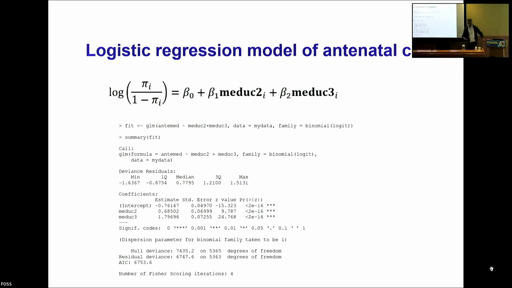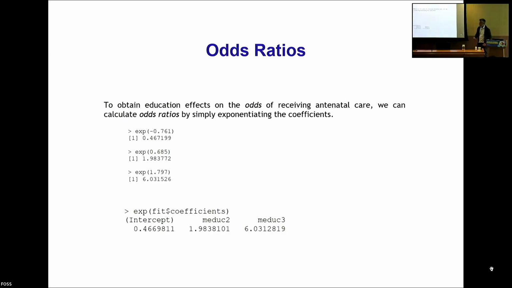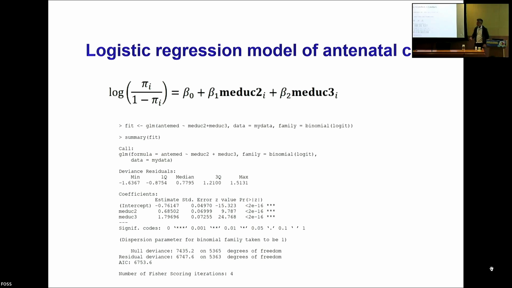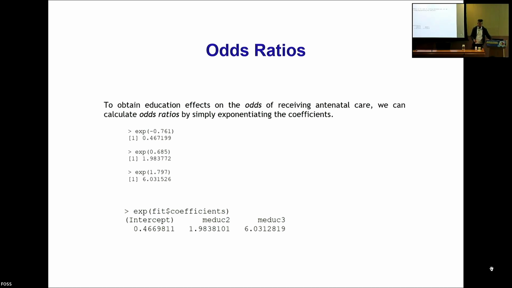So once we get these log odds, it's hard to understand what logits are. I mean, nobody understands what logits are. It's really hard to understand. But we have a more intuitive understanding of odds and odds ratios. So to calculate the odds ratio, we can just take the exponent of the logit.